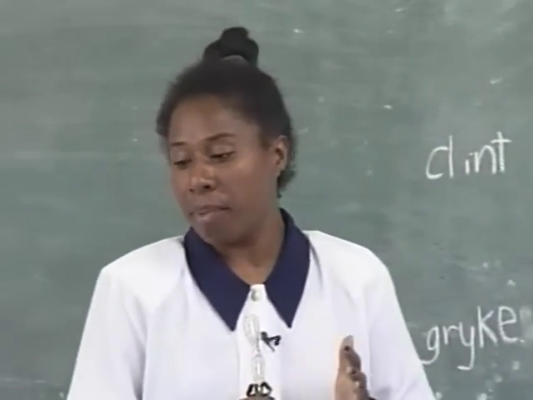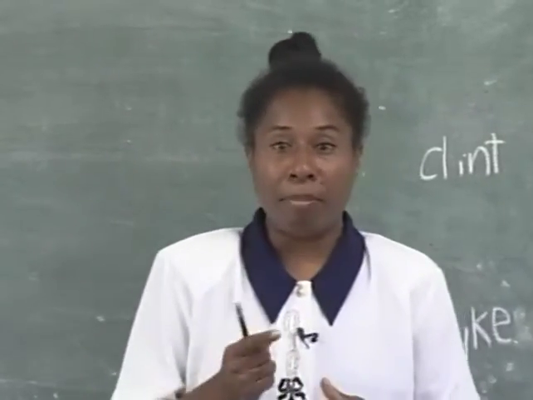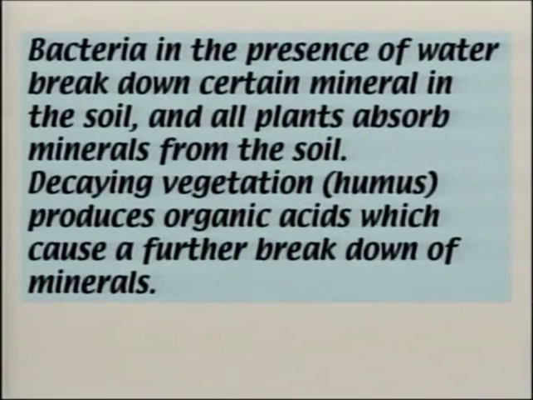Another of the perhaps animals we can say are bacteria. Bacteria in the presence of water can break down certain minerals in the soil also. We also note that all plants absorb minerals from the soil. Decaying vegetation also produces organic acids which cause a further breakdown of minerals.